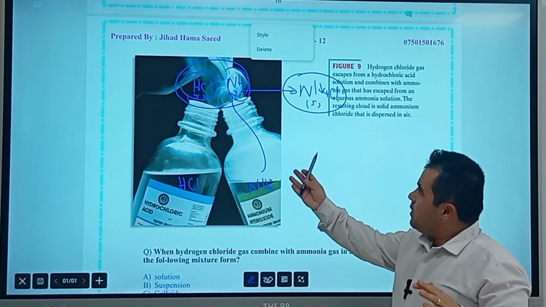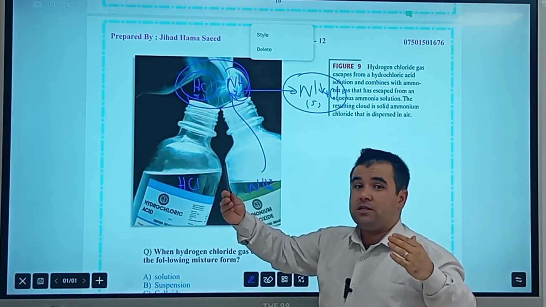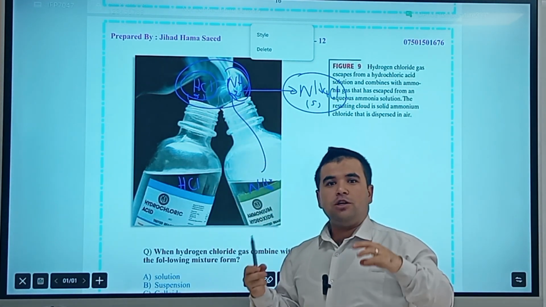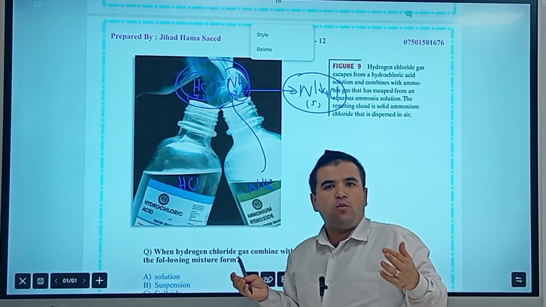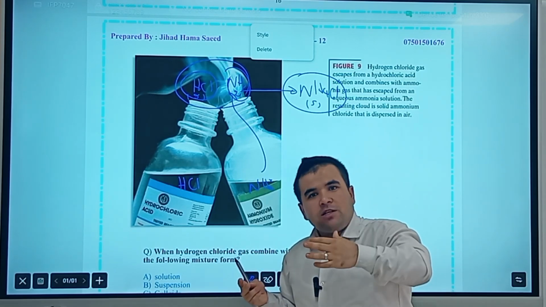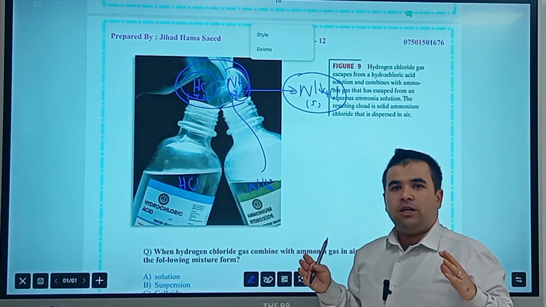And guys, this HCl in this case is in the gaseous medium. Ammonia is in the gaseous medium, but we call HCl the Bronsted-Lowry acid, and ammonia the Bronsted-Lowry base. Why? Because the HCl donates a proton and ammonia accepts that proton regardless of the medium.